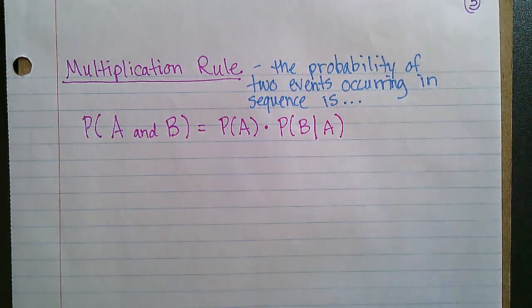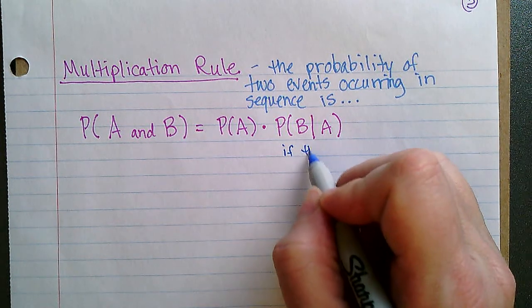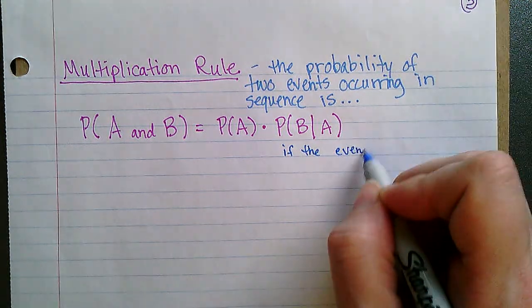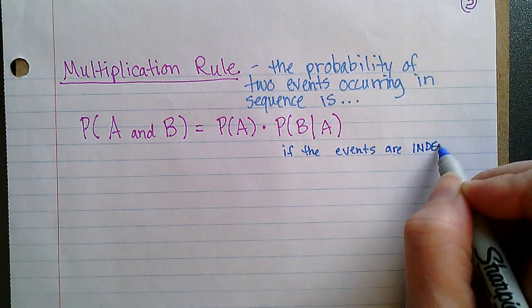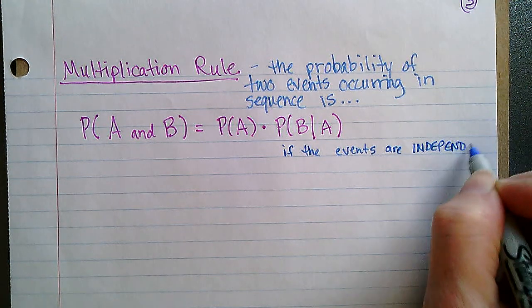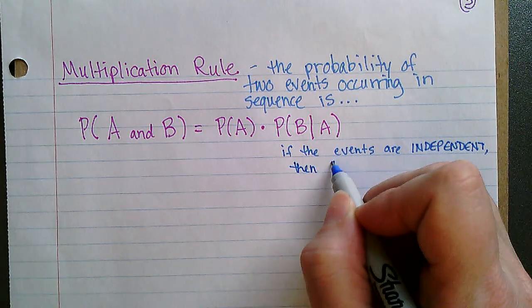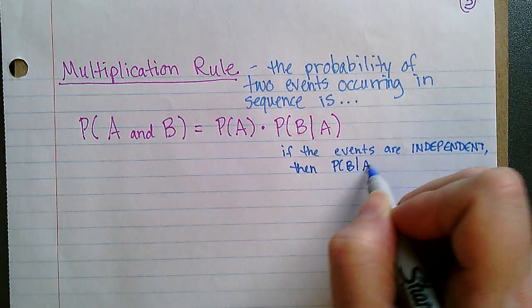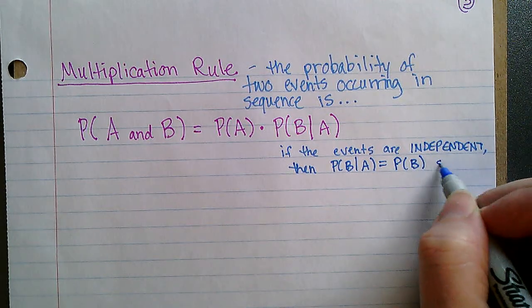A has already occurred. Now, what we just saw a second ago is that if the events are independent, then the probability of B occurring given that A has occurred is just equal to the probability of B occurring.